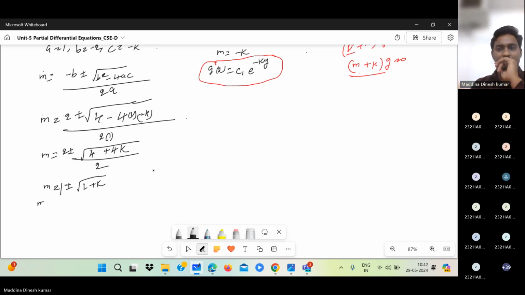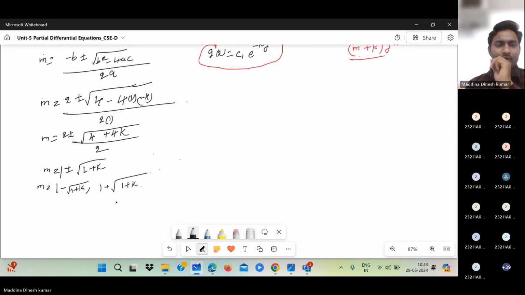Okay, finally reflected. So here we got two distinct real roots. So that is f of x you are doing.